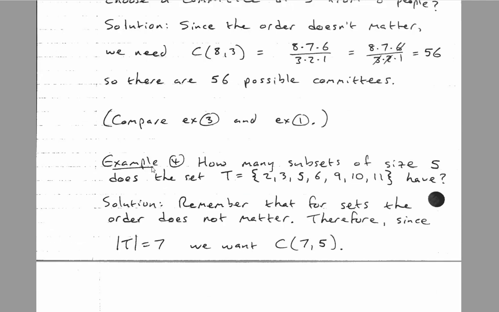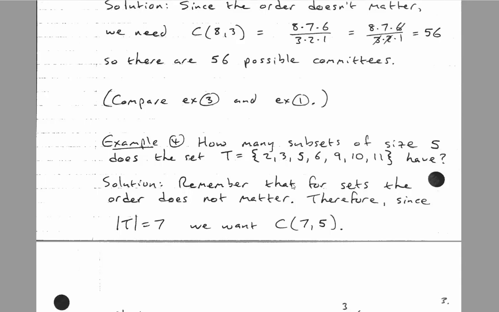Example 4, how many subsets of size 5 does the set T have? Okay, so this T has 7 elements. Remember, for sets, the order does not matter, so you just care about is the element in the set or not. You don't care about the order.